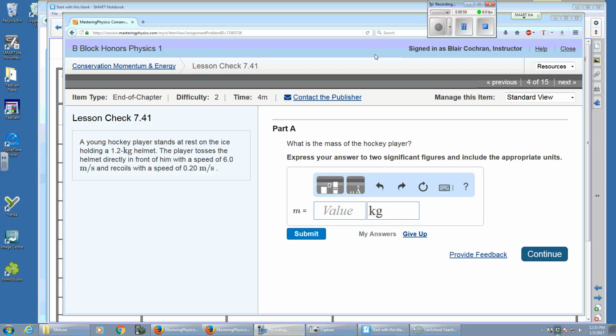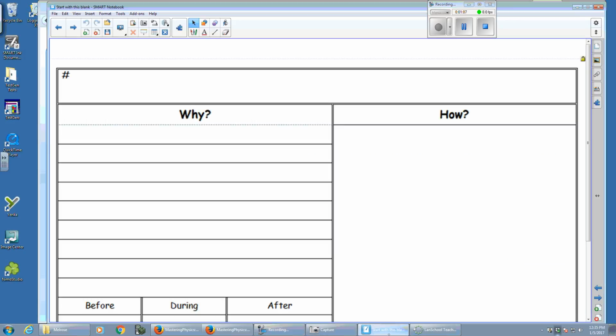Explosion. One object becomes multiple objects, right? So technically it's an explosion, but we know that even though it's an explosion, momentum is conserved. So that's what I would write up here. Momentum is conserved in the explosion.